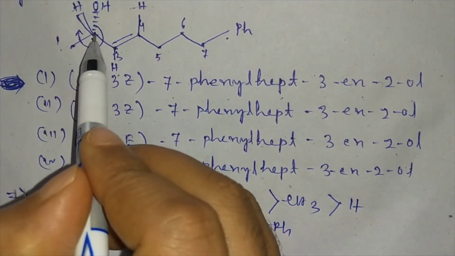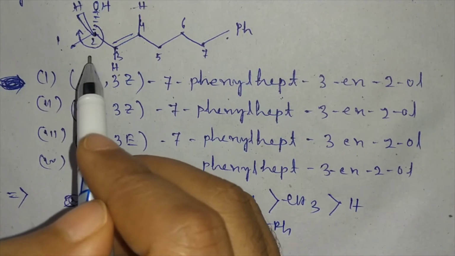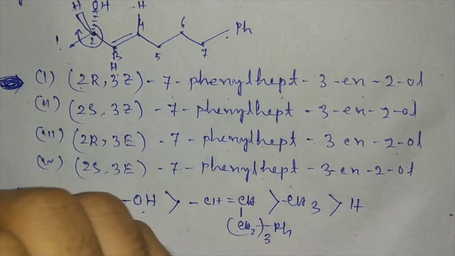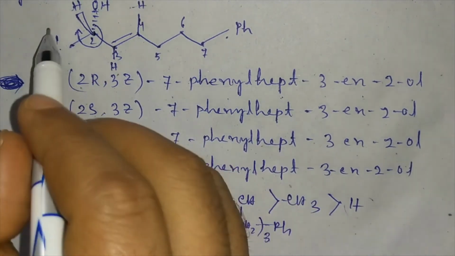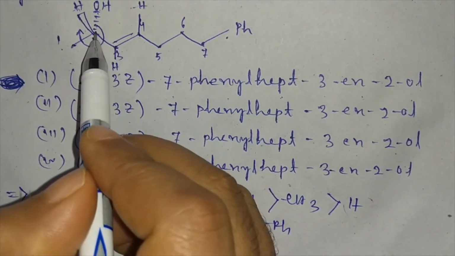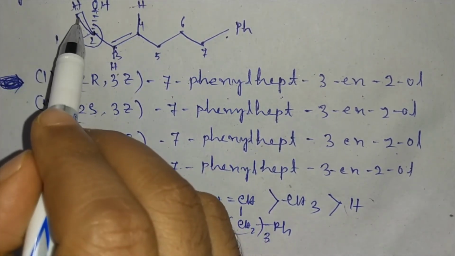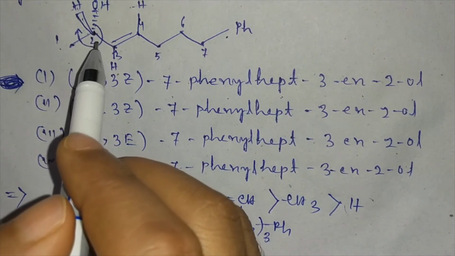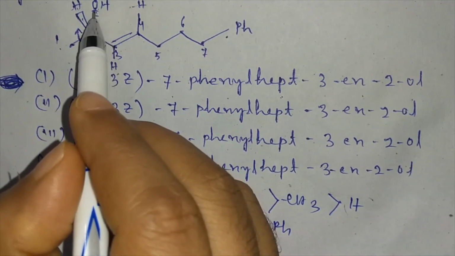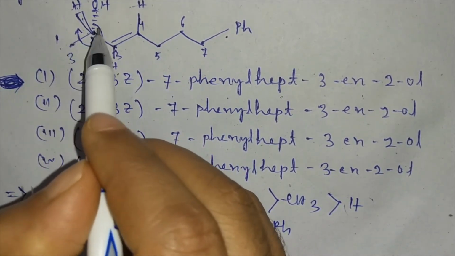So if here the hydrogen is above the plane, and to determine the configuration we have to keep the lowest priority group, that is hydrogen, away from our eyes. So if we see in this direction, that is above the plane, and keep hydrogen below the plane, then the rotation of eye will be 1, 2, 3, that is clockwise direction.